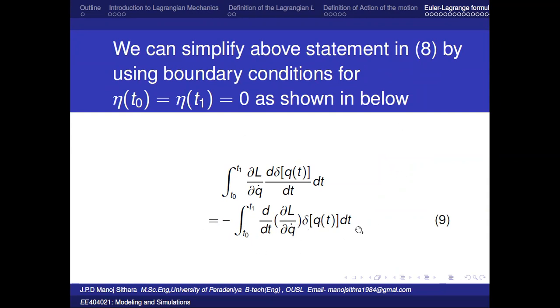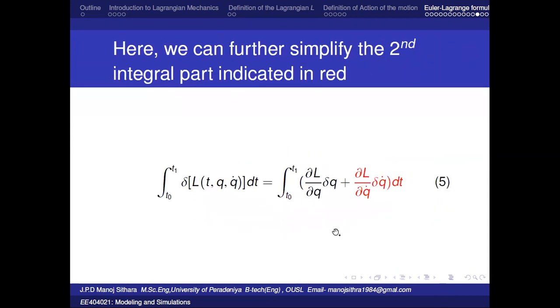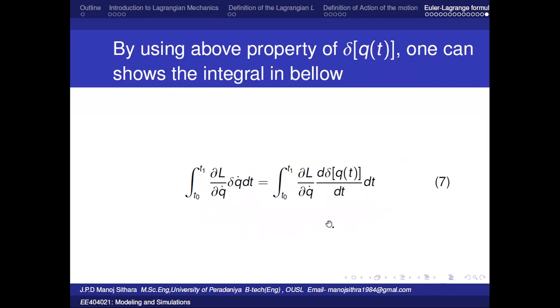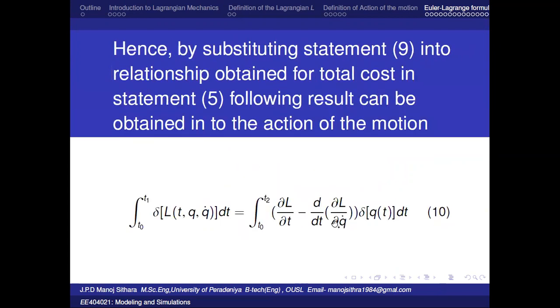Then we can substitute this part again into the forming integration here, right? Then we will simplify this into this form, right? And now we can have the action in the differential functional performance.